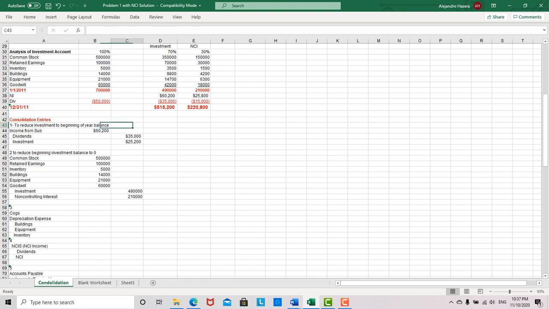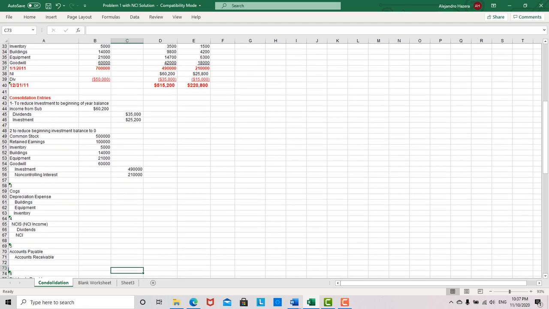Okay, so first thing we did was we took it from 515 to 490. Then we reduced the 490 to zero. The next two entries have to do with expensing, which is more of an income type entry. And the final important one is going to be for the non-controlling interest here.